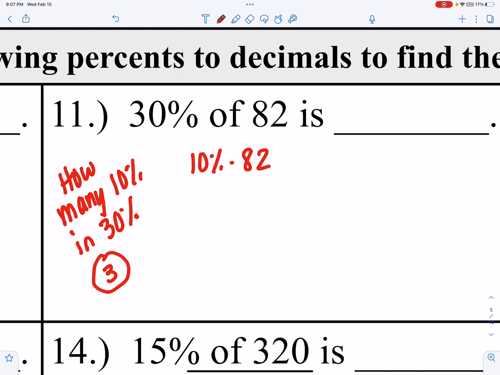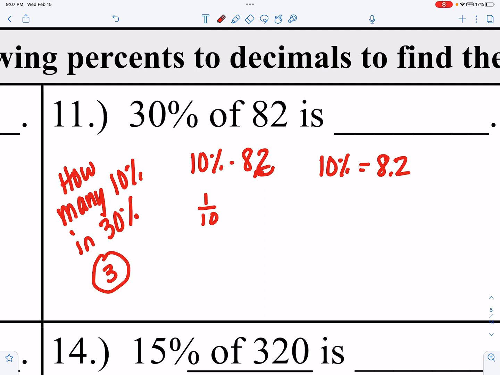Well, all we're doing is moving the decimal spot 1 spot to the left, because we know 10% is 0.1 or 1/10, which is divided by 10. So 10% is 8.2, and I just need to know what 30% is.